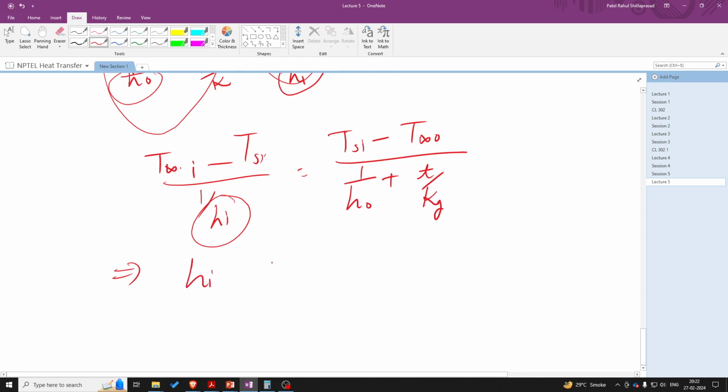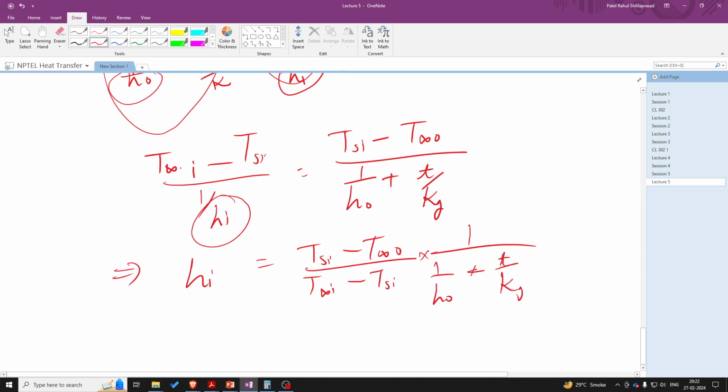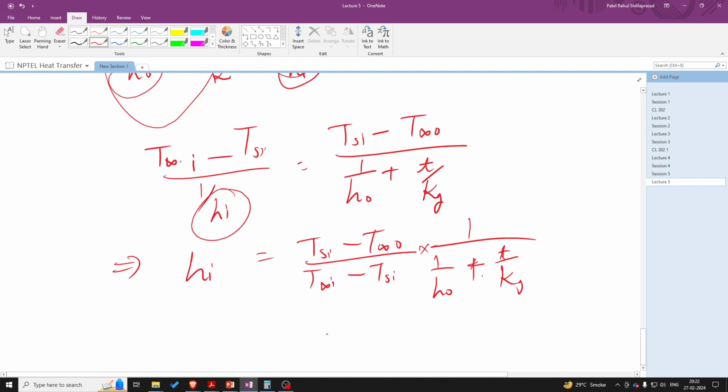So Hi will go over here, so it will become Tsi minus T infinity 0 upon T infinity I minus Tsi into 1 upon H naught plus thickness upon K of glass. So Tsi, that is surface temperature, is the dew point, that is 10.